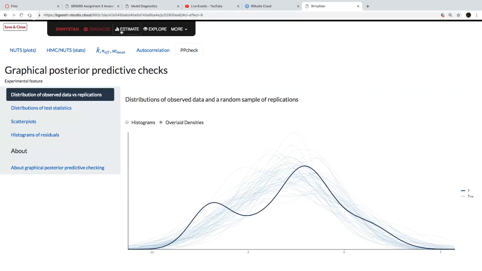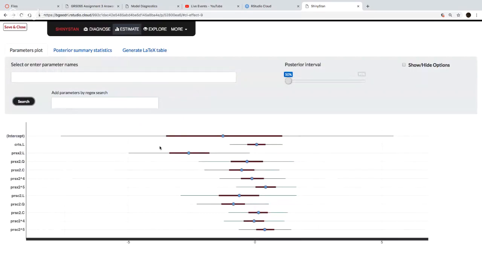So that's in Diagnose. We can click over to Estimate, and we can see the plots. You saw some of these plots before. It only displays about 10 parameters at a time, but you can add additional ones.